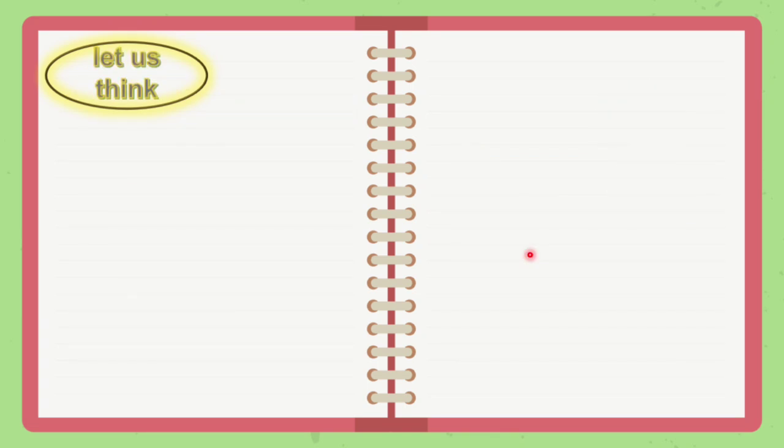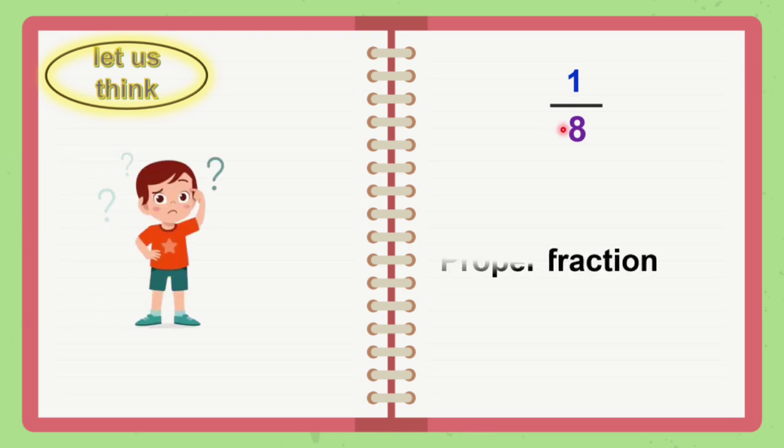Do you think that 1 over 8, which is a unit fraction as we saw before, is a proper fraction? 1/8, is your numerator less than your denominator? You will say, yes, of course, 1 is less than 8. So it is a proper fraction. That's right.